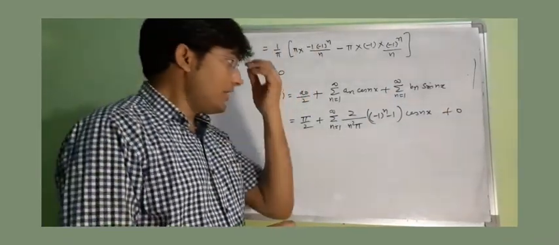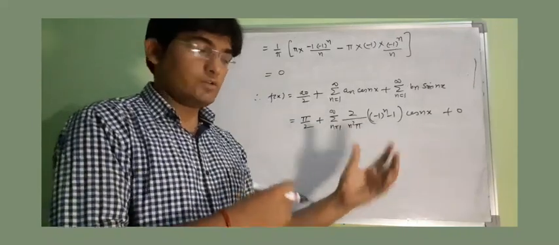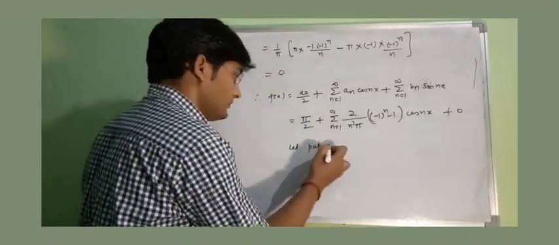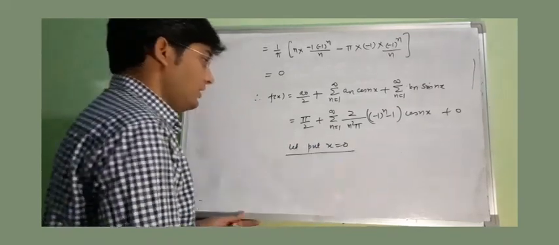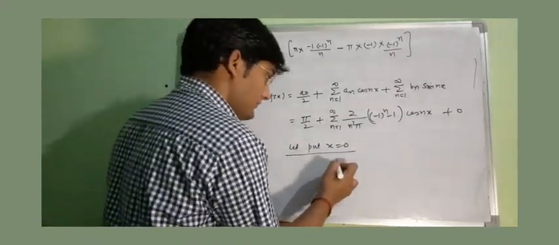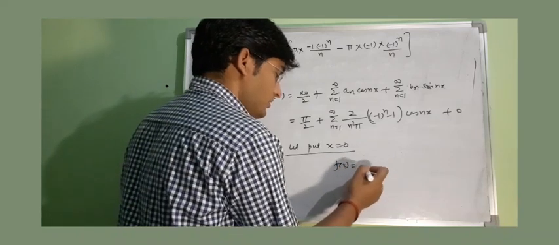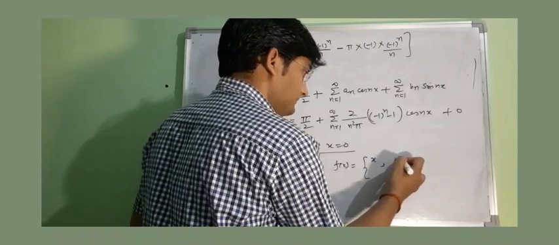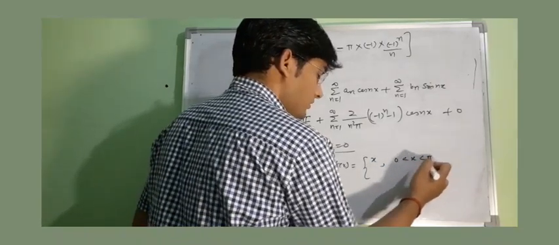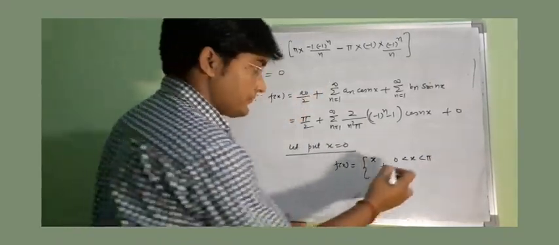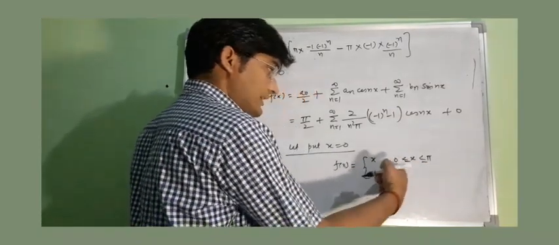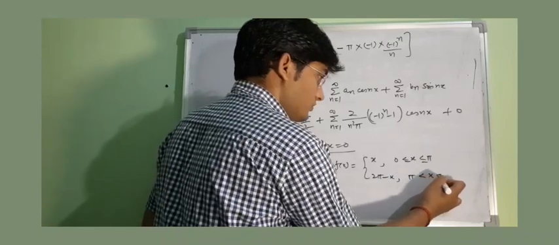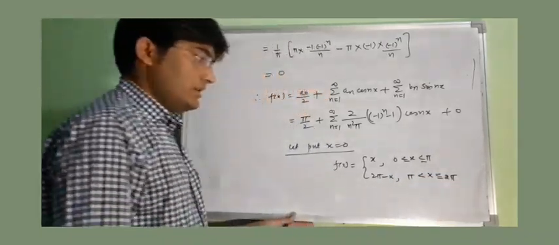Now we have to evaluate the sum of a particular series. For that, let us put x equal to 0. Now in the left hand side, our f(x) was x when x lies between 0 to pi, and this was your 2 pi minus x when x was between pi and 2 pi.